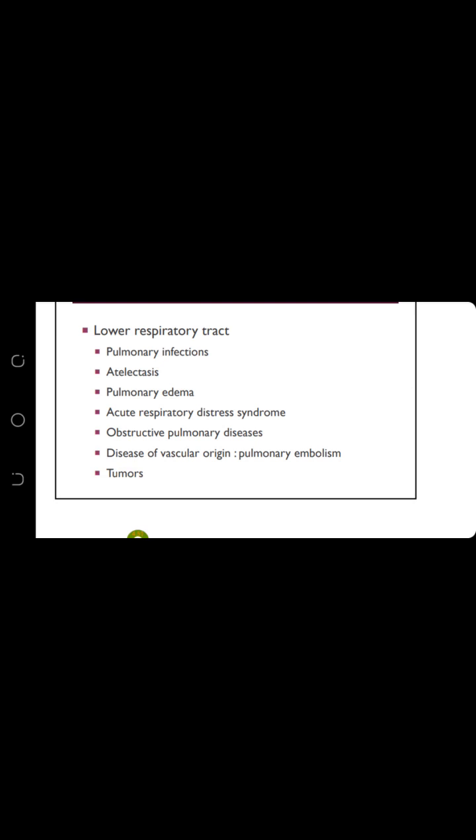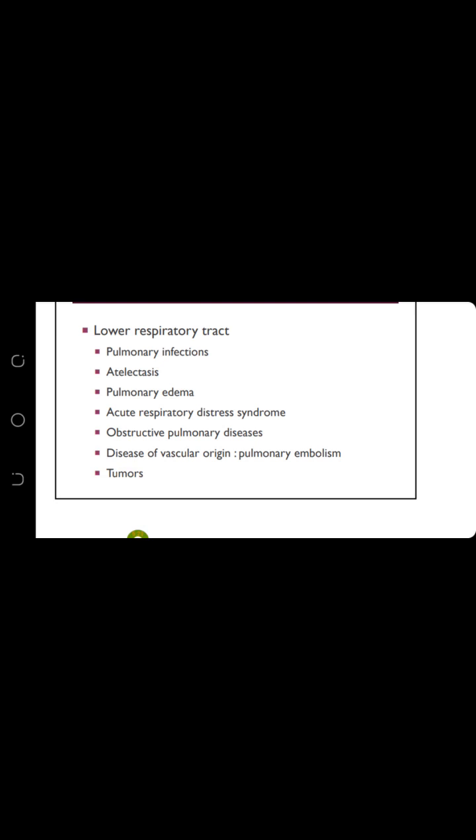These are conditions that are common in the respiratory tract. Edema is just the swelling. Then also acute respiratory distress syndrome, another common condition. So look at them one by one in depth.